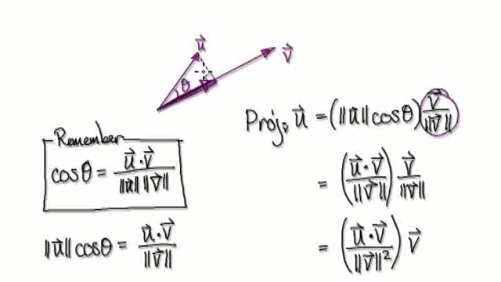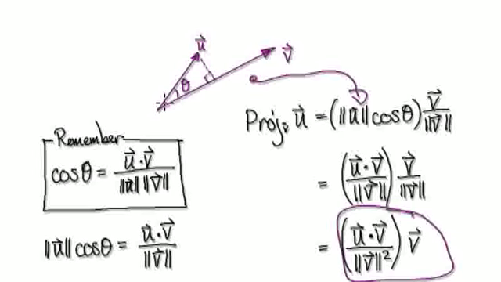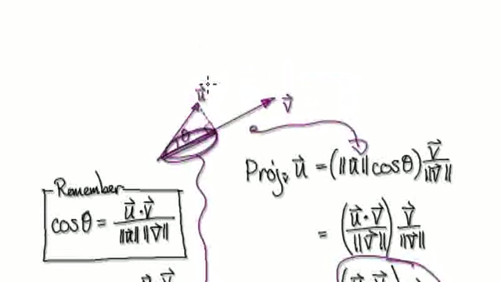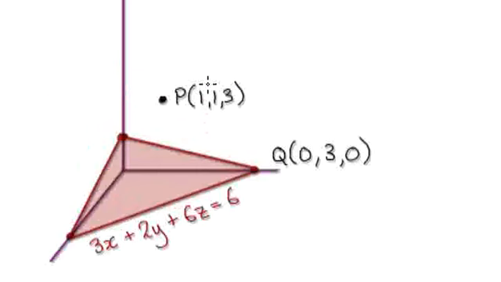When you're trying to project u onto v, you have two choices. This route will give you the vector itself, or you can go the other route, which I'm going to tell you later, and that will just give you the scalar quantity, the magnitude. In our case, we only care about the magnitude.